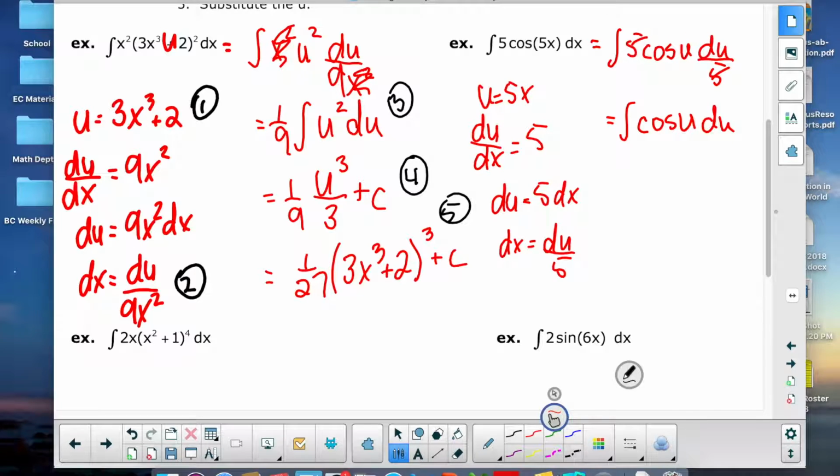Can we integrate the cosine of u? What's the integral of cosine of x? Guys, look in your journal. Okay, we're not sure. So if we're not sure, what should we do? Notes.